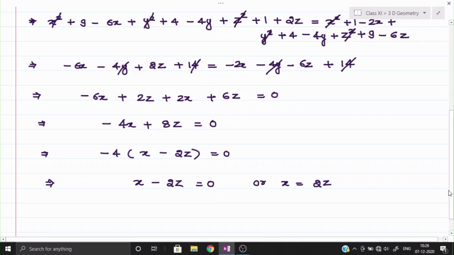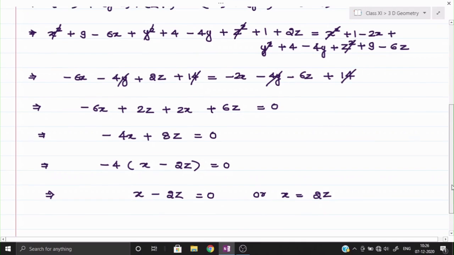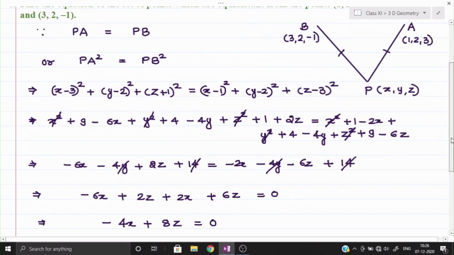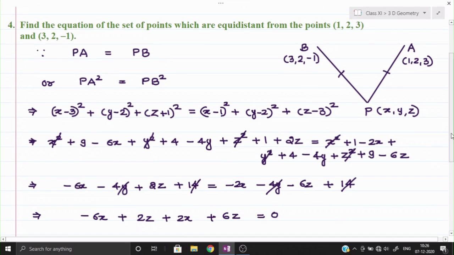Okay, see this equation we got. So what can this equation actually mean for us? If we think about what the coordinates of the point P can be, one thing is very clear: the y coordinate is 0 because we did not get y in the equation. Second thing, the x coordinate is always double the z coordinate.